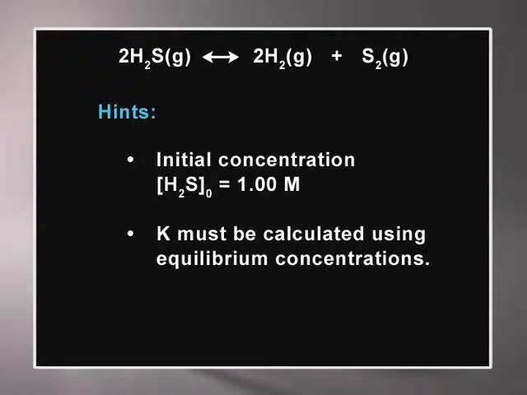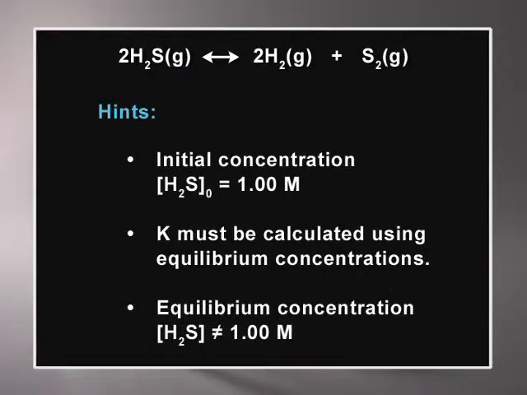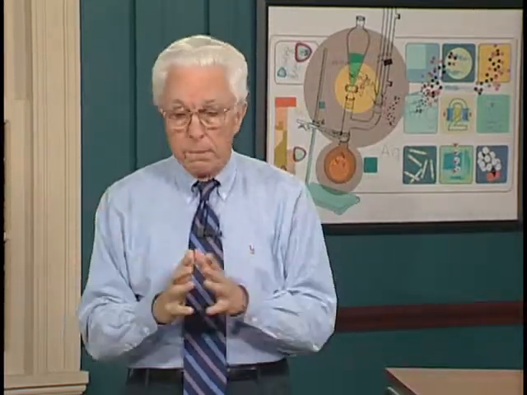So what does this mean? It means that the equilibrium concentration of H2S is not going to be equal to 1 molar. Because if I begin by only putting H2S in the container, some of the H2S is going to have to decompose and turn into hydrogen and sulfur in order to establish equilibrium. Let me repeat that because it's a very important point.